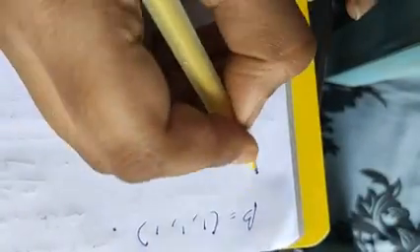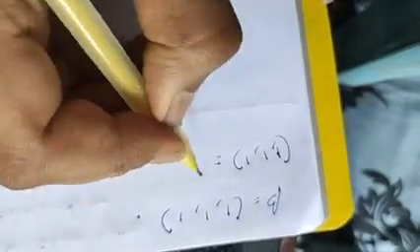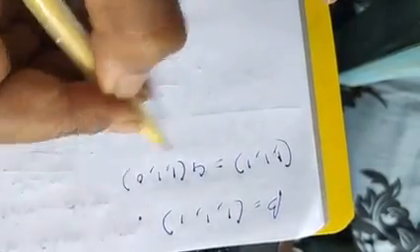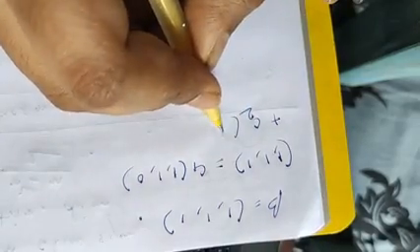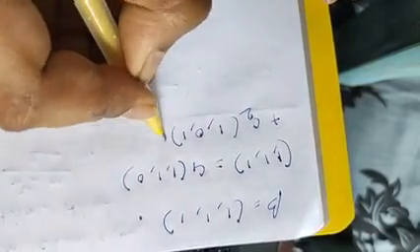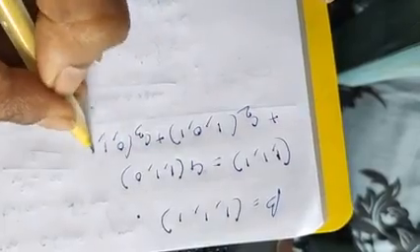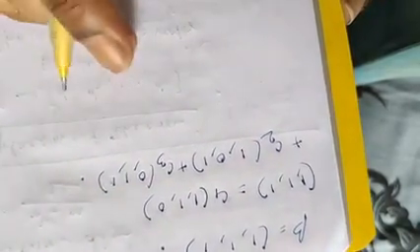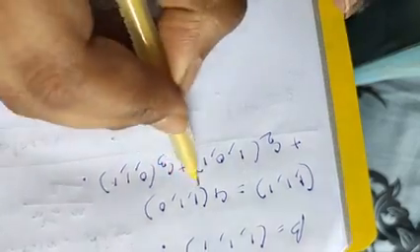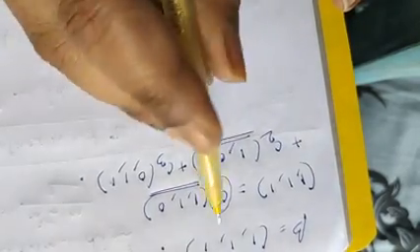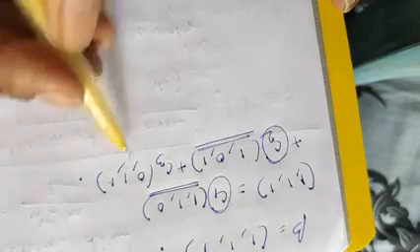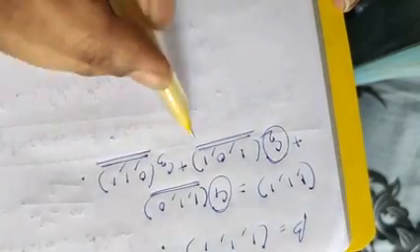That means whenever 111 is written as C1 into 110 plus C2 into 101 plus C3 into 011, we can replace the first vector by beta if C1 is not equal to 0. We can replace the second by beta if C2 is not equal to 0. And we can replace the third vector by beta if C3 is not equal to 0.